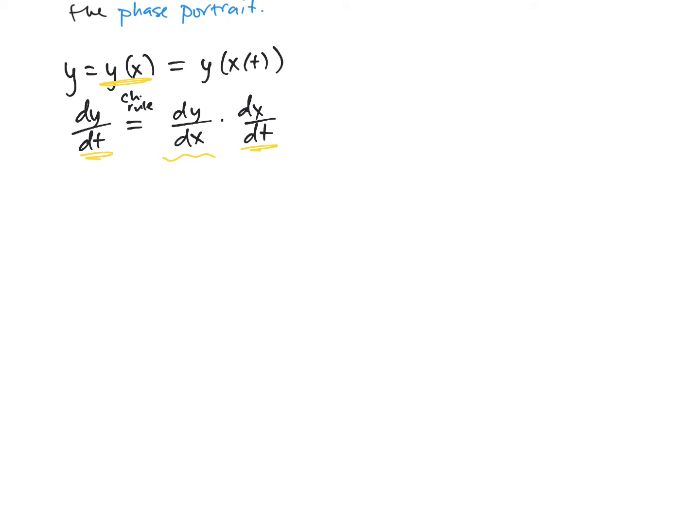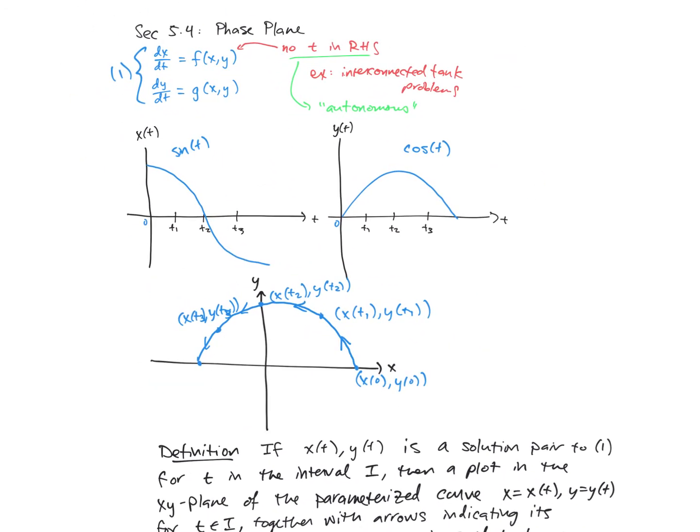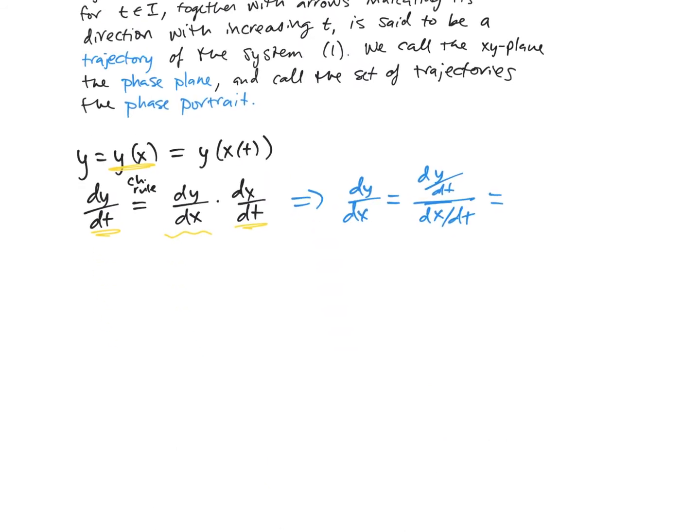So let's divide, and we end up with dy/dx equals dy/dt divided by dx/dt. But from our differential equation, our system, dx/dt equals f and dy/dt equals g.